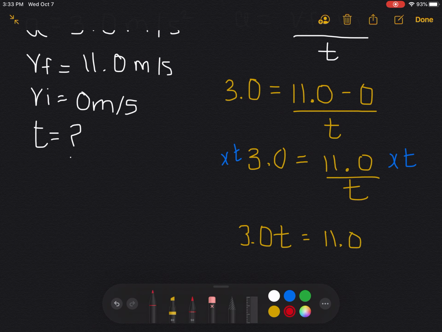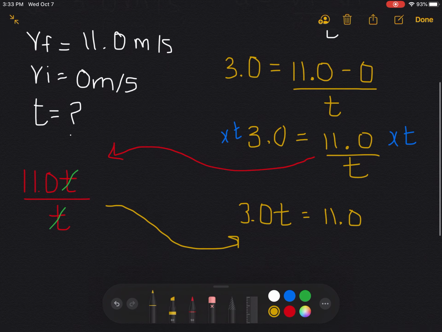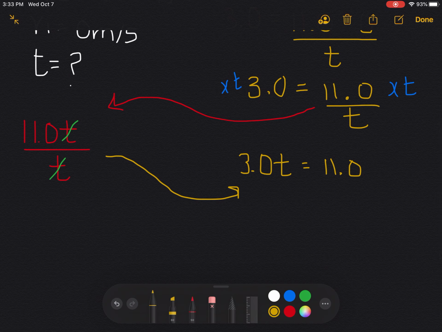The T's are gone because it's basically saying 11T divided by T when we multiply by T. Anything divided by itself, we can cancel out. So that's how we're left with just 3T equals 11.